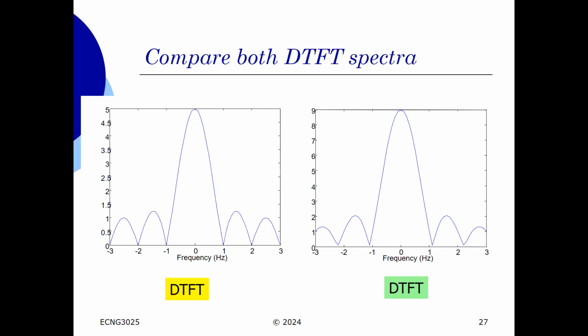And let's put them side by side. Right, so the 5 sample one is on the left, and the 9 sample one is on the right. Okay, so first off, comments on this. So what do you observe?